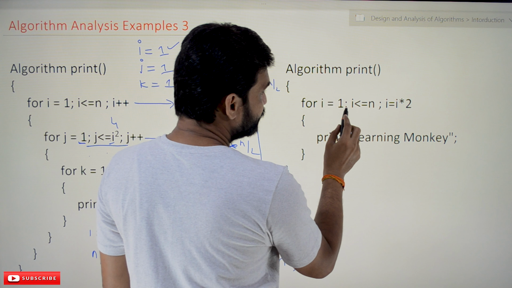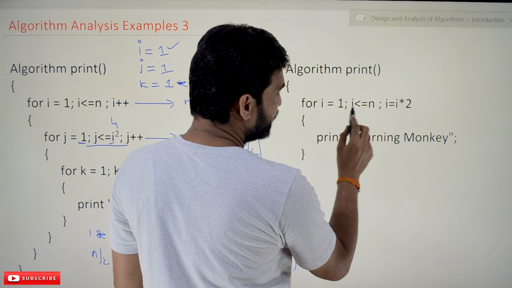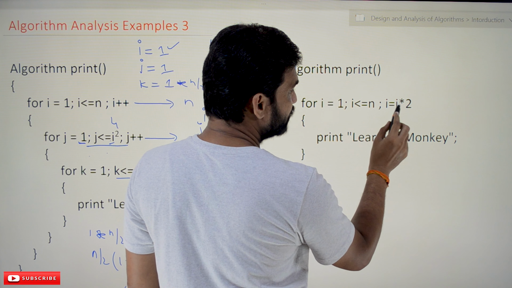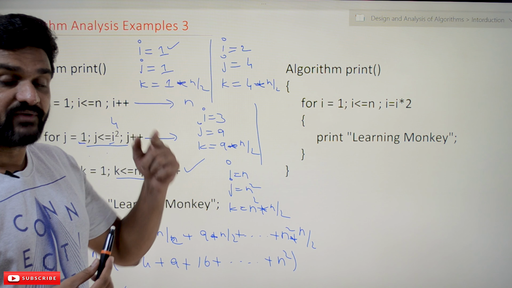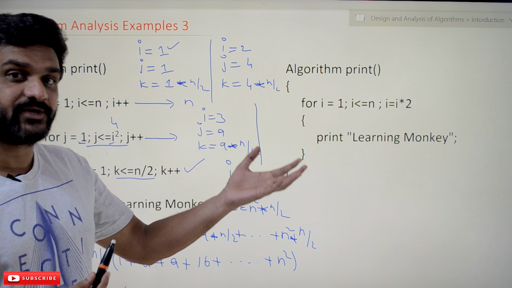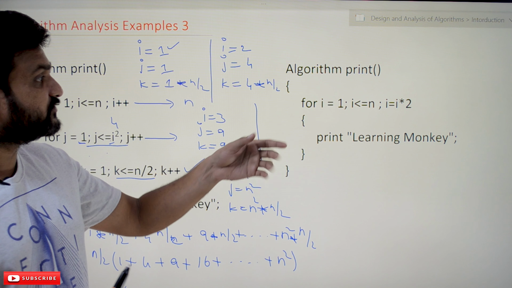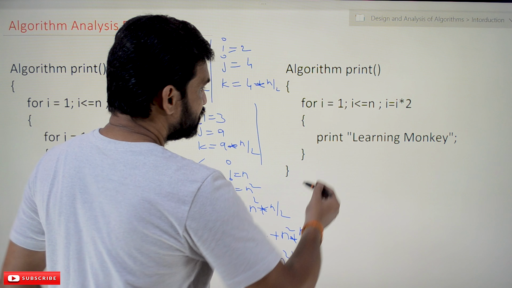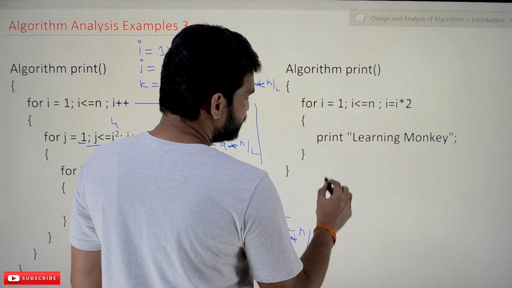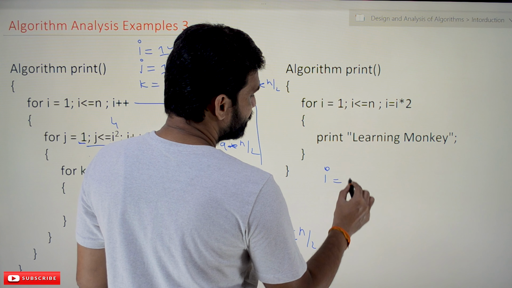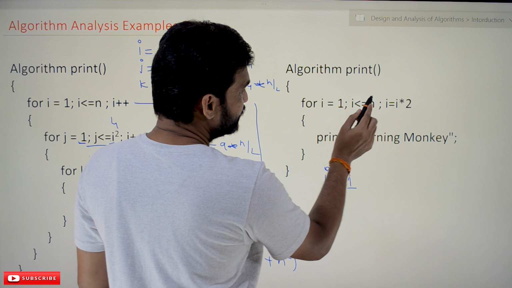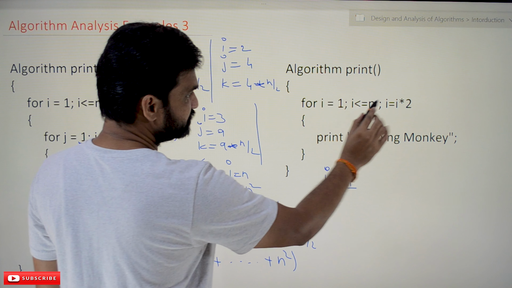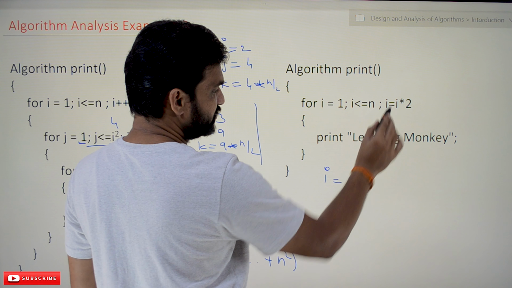Here i is equal to 1, i less than or equal to n, i is equal to i into 2. Every time, the existing value of i is multiplied by 2. So how to break this down? If the value of i is equal to 1, i less than or equal to n, we don't assume the value of n.